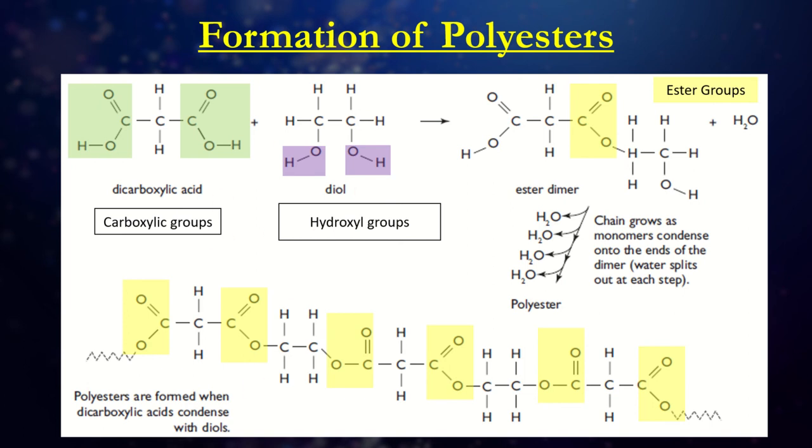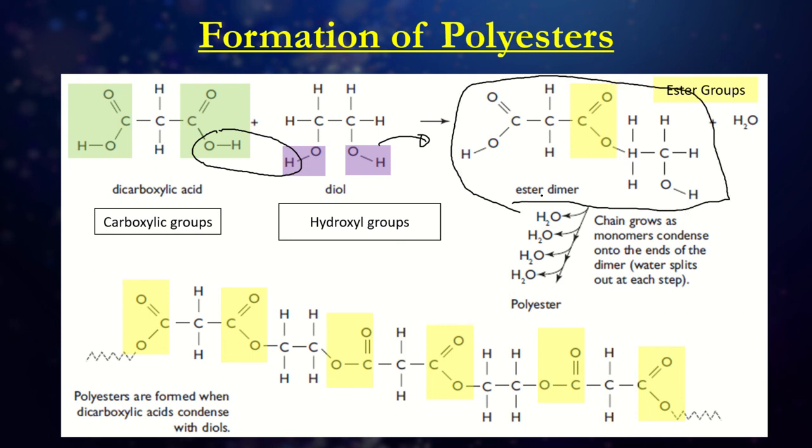So let's say this hydroxyl group breaks apart with this one here, then that means this diol group can then break off and form with some other monomer of the same kind. So we get an ester dimer. That's our ester group right there, and that's the oxygen that is being displaced in that formation there.